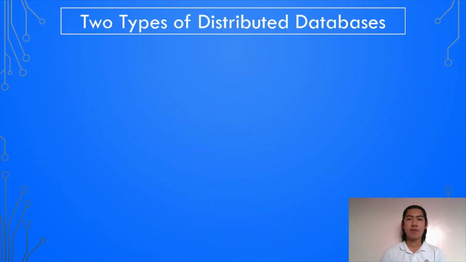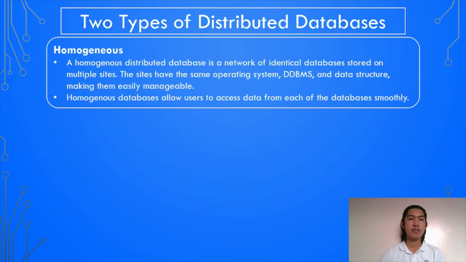Two types of distributed database system. First is the homogeneous. A homogeneous distributed database is a network of identical databases stored on multiple sites. The sites have the same operating system, DDBMS or the Distributed Database Management System, and data structure, making them easily manageable.